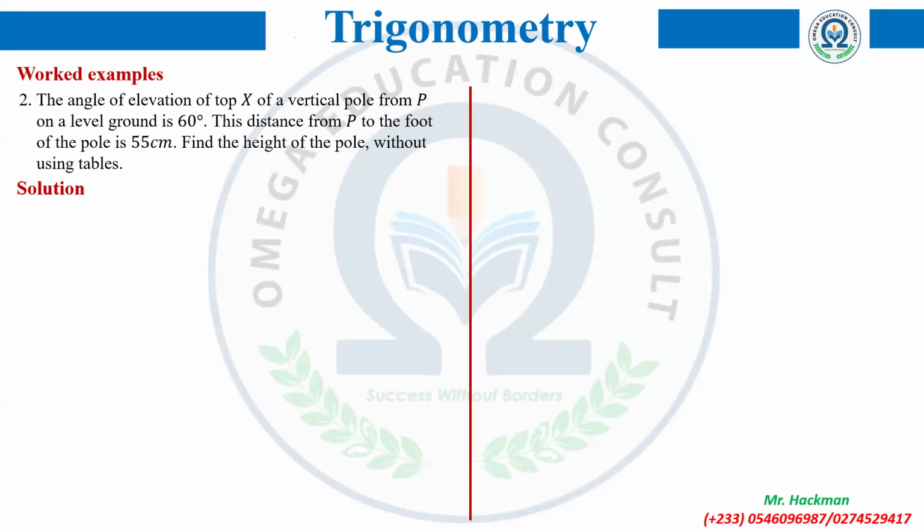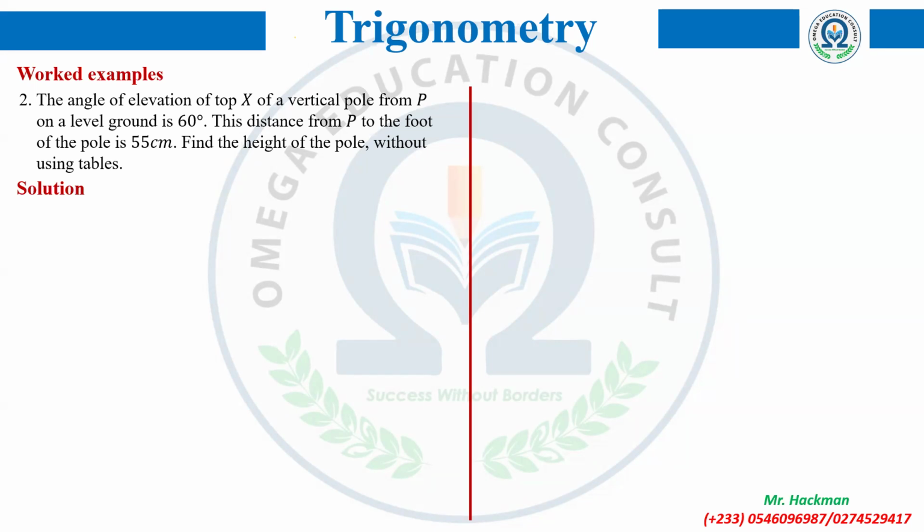So let's read, picture the situation mentally, then we try to bring the picture to bear in terms of a diagram. The angle of elevation of top X of a vertical pole from P, on a level ground, is 60 degrees.